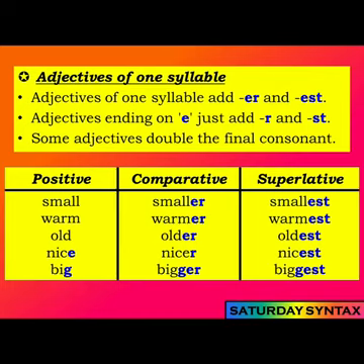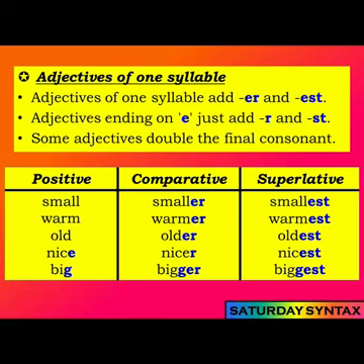The adjective small is given in positive degree. It becomes smaller in comparative and it becomes smallest in superlative. At that place, ER has been added in comparative and EST has been added in superlative. So that is the suffix. Like 2 more examples are given, like warm, warmer, warmest, and old, older, oldest.